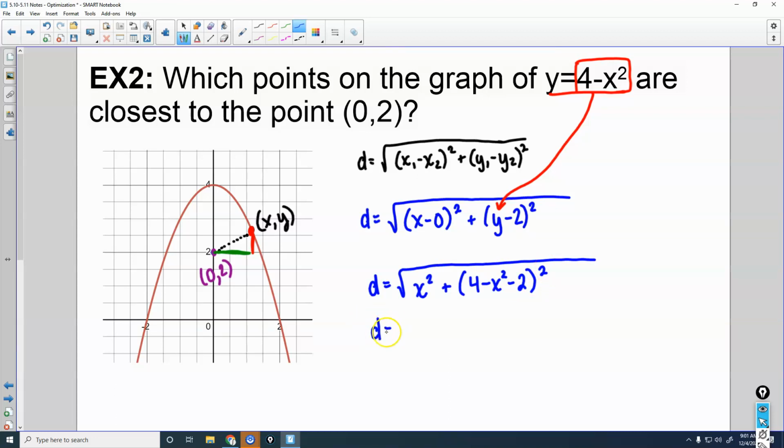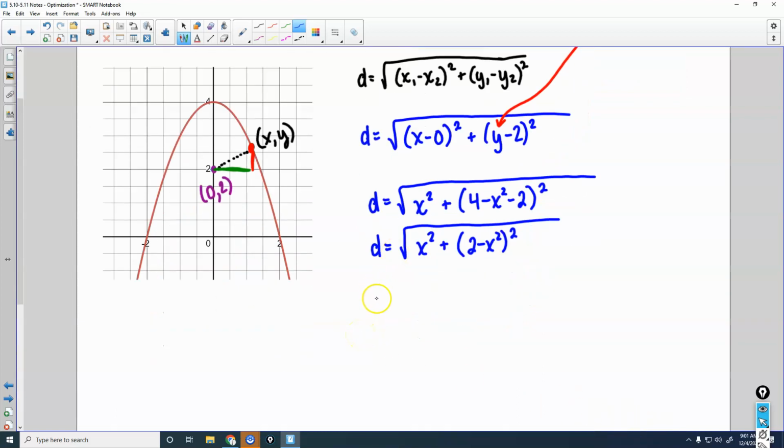And I need a derivative, so let's simplify this because it will make it a little easier. We've got 2 minus x squared, squared. If we expand that, we get x squared plus 4 minus 4x squared plus x to the 4th.